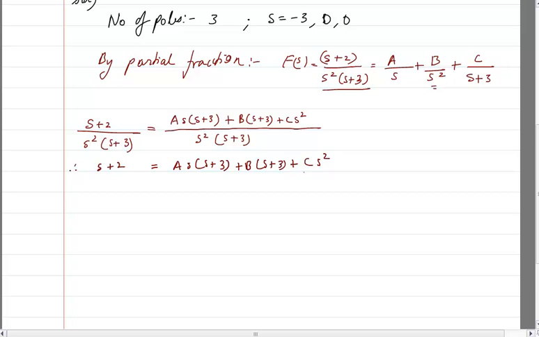We only have to make the numerators equal. So now from here I can write this as A s squared plus 3A s, that is 3As, plus Bs plus 3B plus Cs squared.